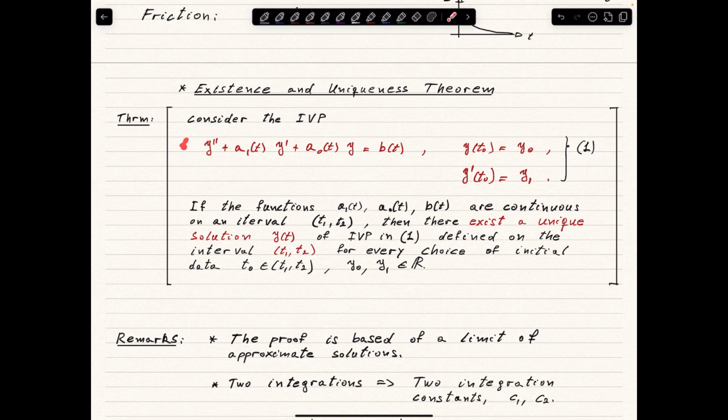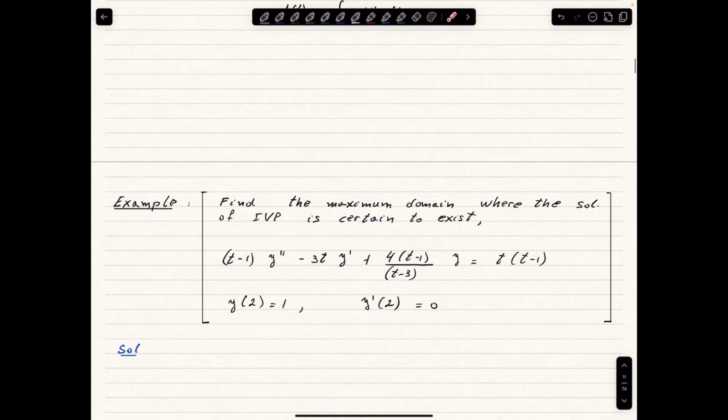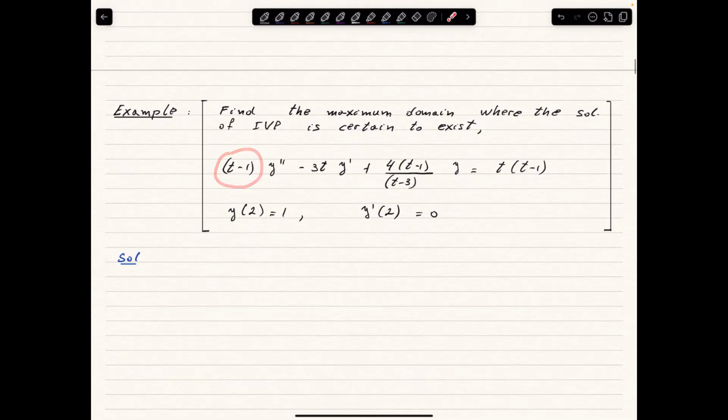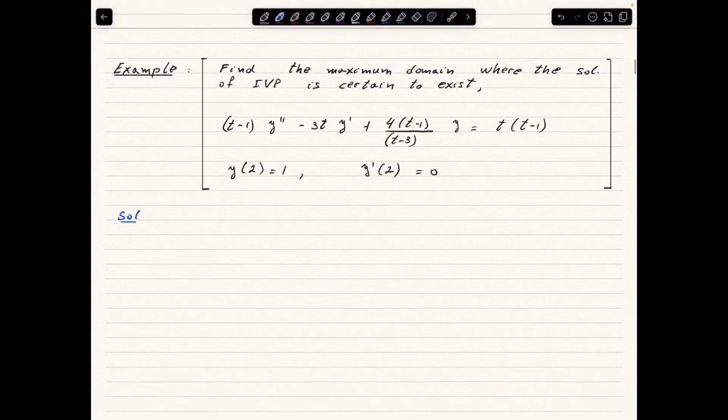And when we have 1 here, that defines all the other coefficients. In our equation, it's not 1, it's a function. So the first thing we need to do is divide the whole equation by this function if we want to use the previous theorem. The previous theorem assumes that this coefficient is 1. So we need to make this coefficient 1 by dividing the whole equation by that coefficient.